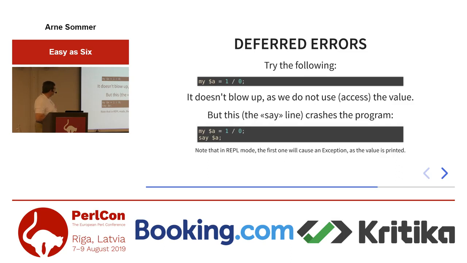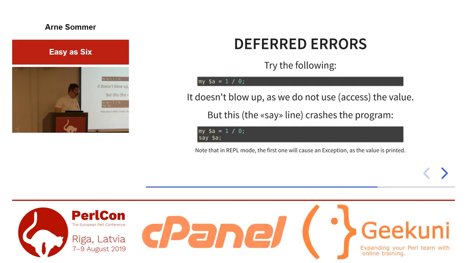You can try that one. It doesn't blow up when you do it, as long as you do not try to access the value afterwards. The say line here is the one that's causing the error. If you try this in REPL, it will fail there because REPL will try to output the value. So be aware of that.